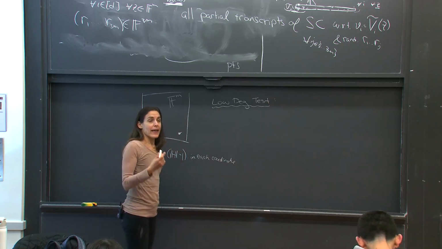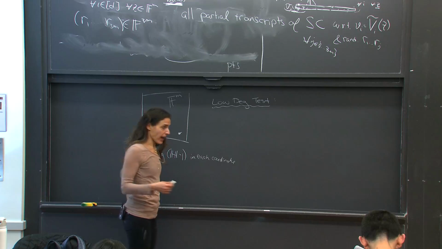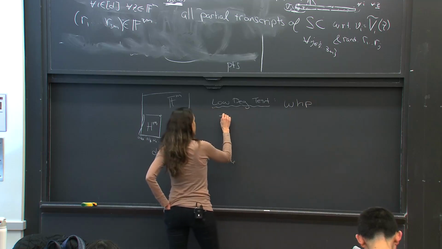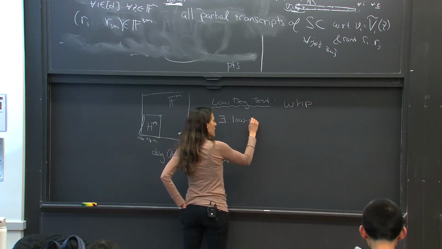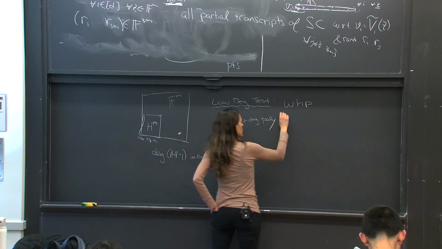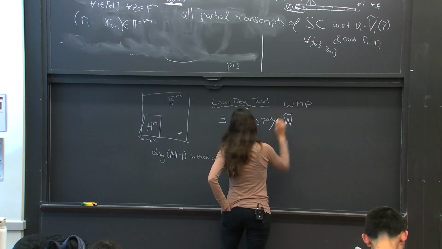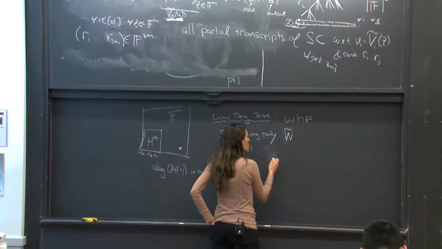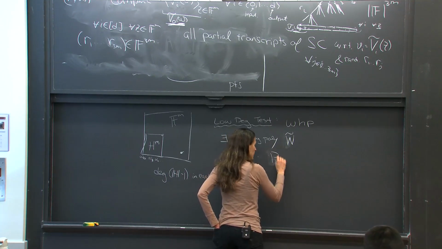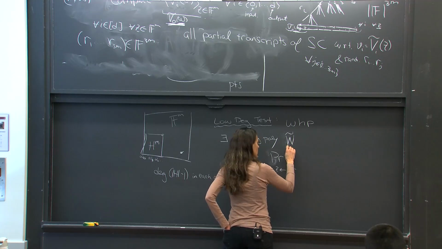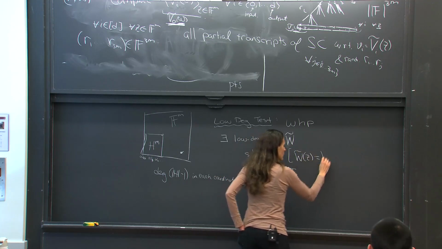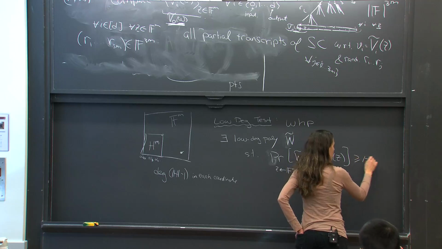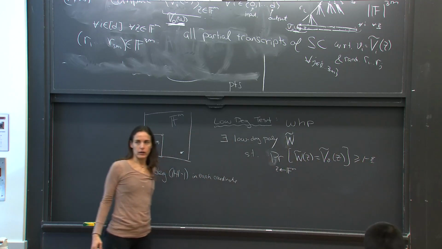At the end of the check, the guarantee the verifier has is that, with high probability, there exists a low degree polynomial W tilde such that, for most z, or the probability over a random z, that W(z) equals W tilde(z) is greater than 1 minus epsilon for some epsilon. That's what we want to check, for most z.